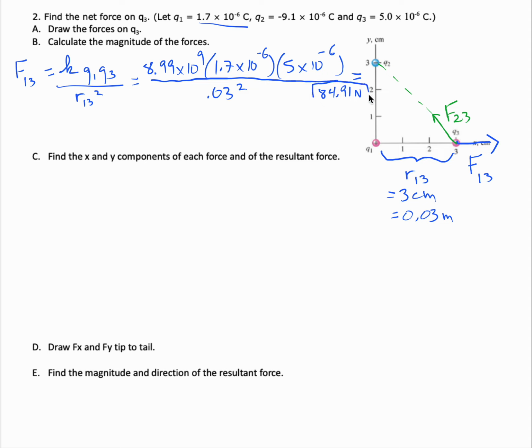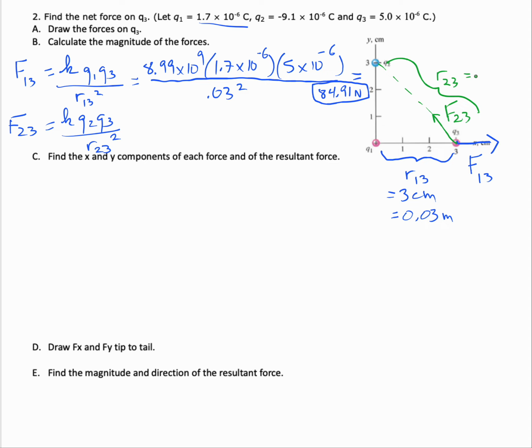And then let's do the same thing for the other force, F23. It's going to be the force between Q2 and Q3, and the distance is going to be R23. We're going to square that. So the distance between the two is right here. It's called R23. And since we have a right triangle here, we can use the Pythagorean theorem to find that distance.